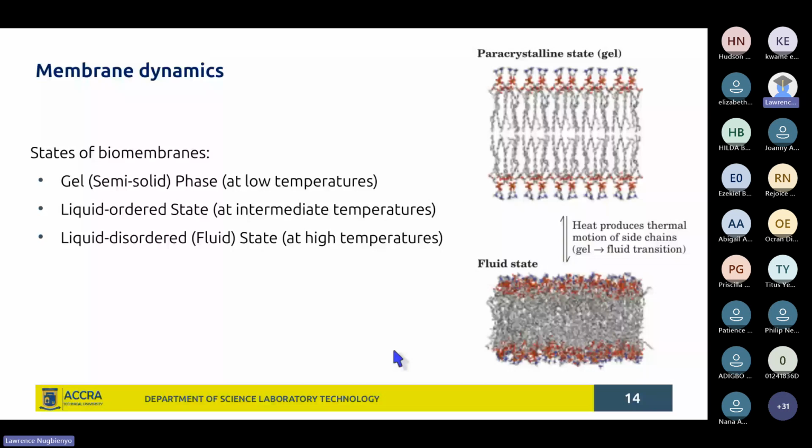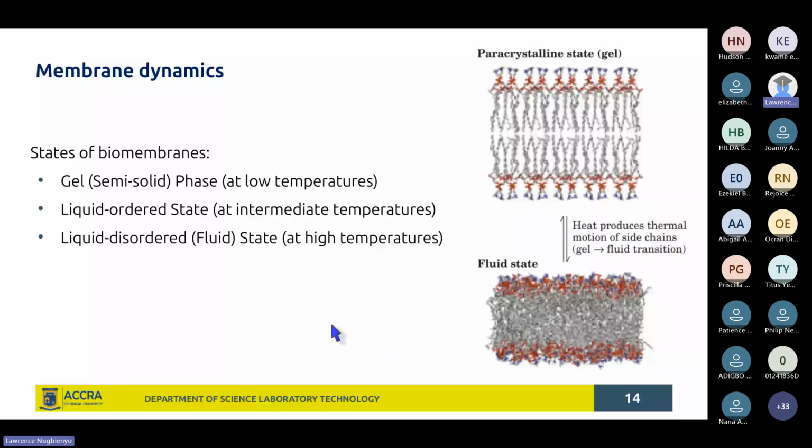We also looked at the transition temperature and the dependence of the fluidity of the membrane on the temperature. And if you put all of these together, you can have biomembranes having two major states.